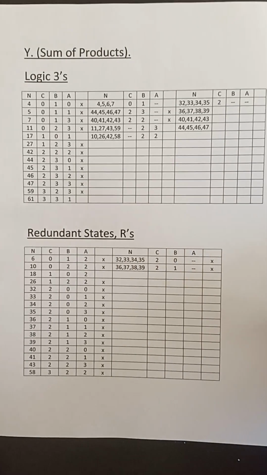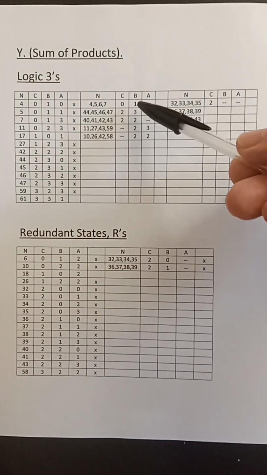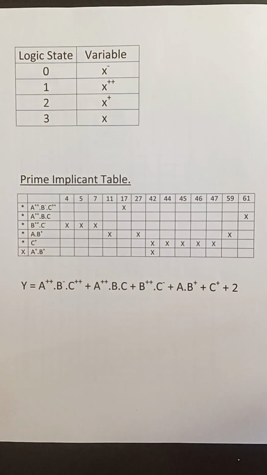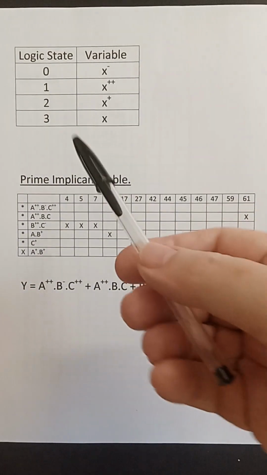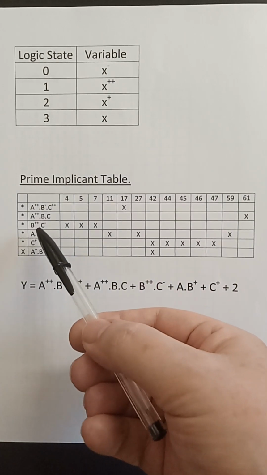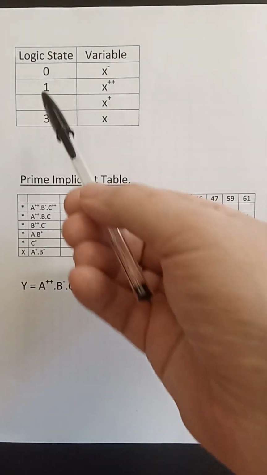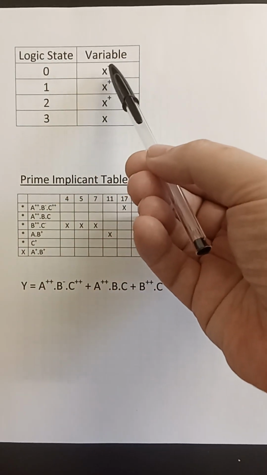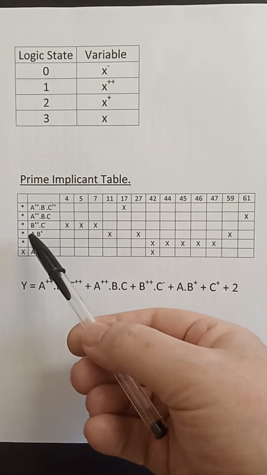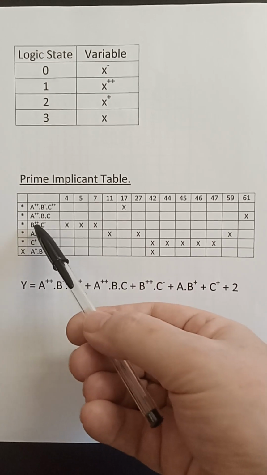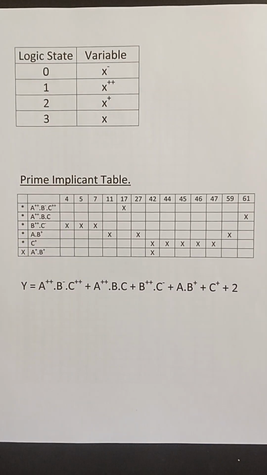For example, b equals 1 and c equals 0. b equals 1 is x plus plus, so that's b plus plus, and c equals 0 is x minus, so that's c minus there. So that expression would be b plus plus and c minus.